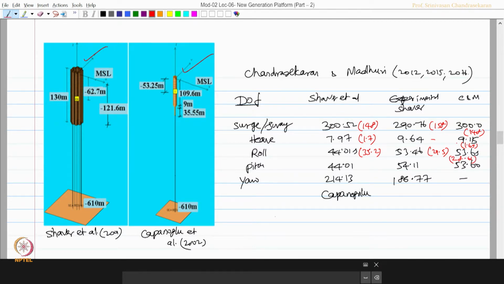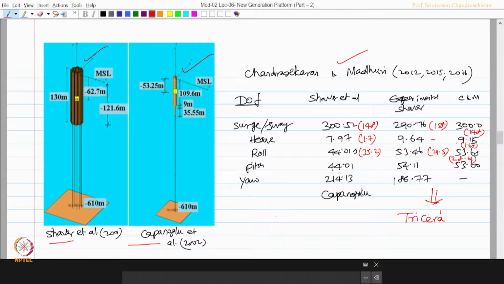So, one can see very clearly here the conceptual model of triceratops generated experimentally and analytically tested by Chandrasekharan et al. compares well with Shaver et al. and Kapanoglu et al. in the preliminary studies, whereas please note Shaver et al. and Kapanoglu studied this only on buoyant legs, whereas the study of this was extended further to form a new generation platform which is triceratops.